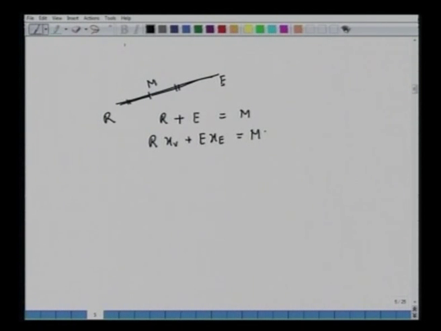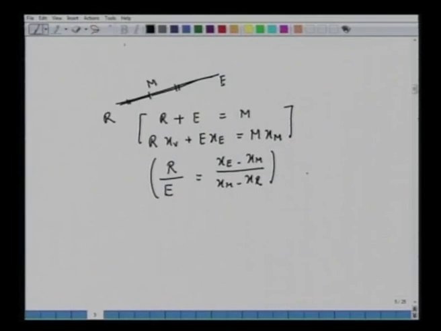Nonetheless, this is M into XM. So you can write the amount of raffinate over extract by applying the tie rule. R by E, you should be able to show, is XE minus XM over XM minus XR. So again we have the same tie rule, a material balance, all we are trying to distribute here.